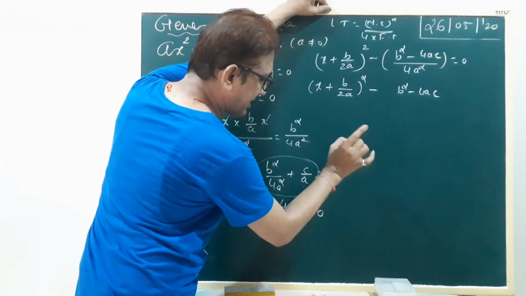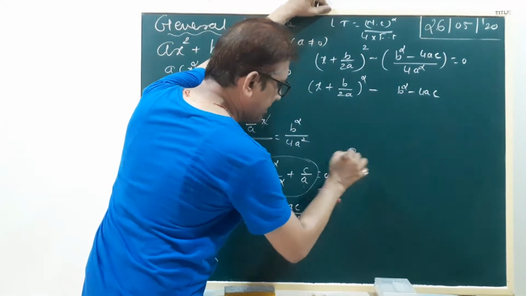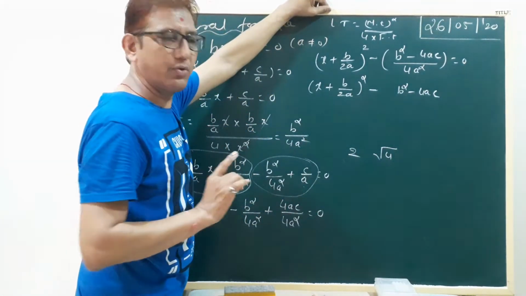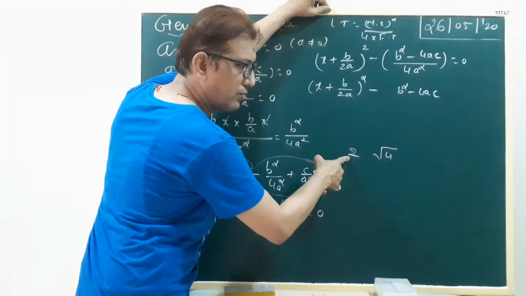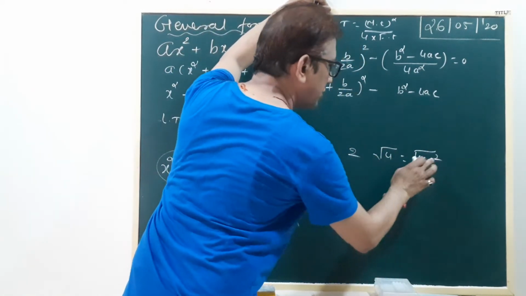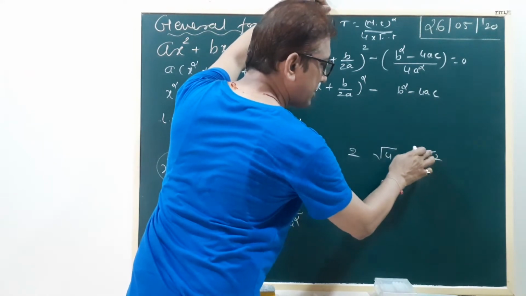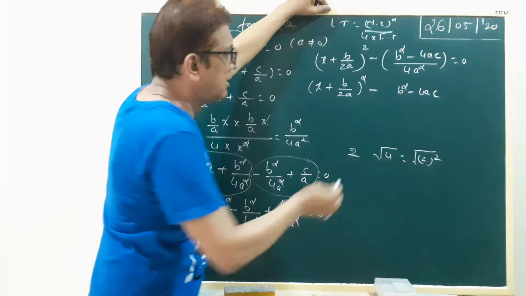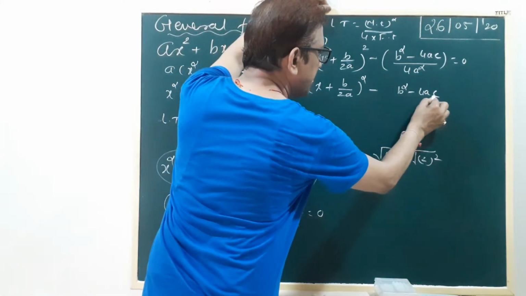We explain with an example. Suppose we write here 2. We also write this one as 4. Square root of 4 is 2. Otherwise you can also write 2 square; square and square root cancel, because square root means power 1 by 2. Okay? Same here: b square minus 4ac.